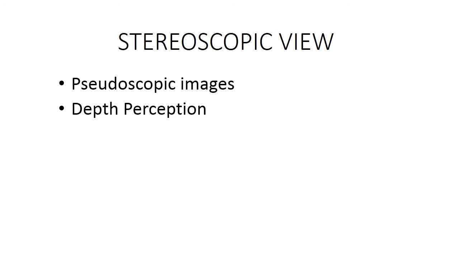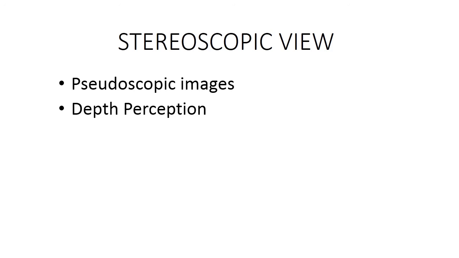So, when the eyes are focused at a point A, the optical axes converge, forming a parallactic angle. Similarly, when sighting at point B, the optical axes converge, forming a parallactic angle.